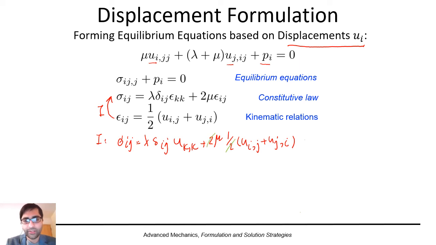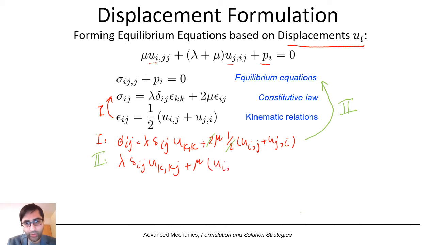Now we substitute it into the equilibrium equation. For that, we have to calculate sigma ij comma j. So we differentiate our relation with respect to j, and it becomes lambda delta ij uk comma kj plus mu ui comma jj plus uj comma ij.